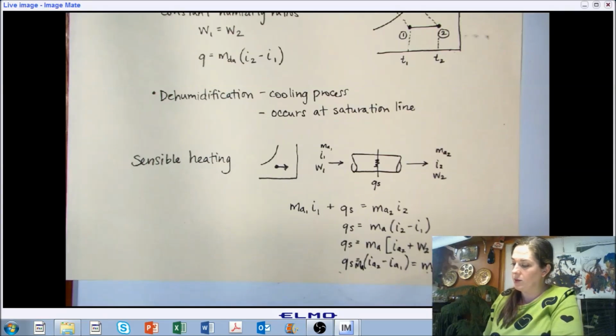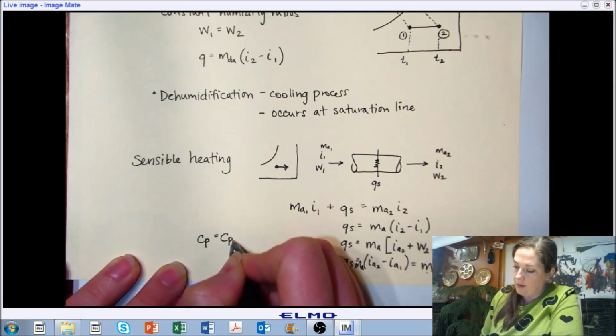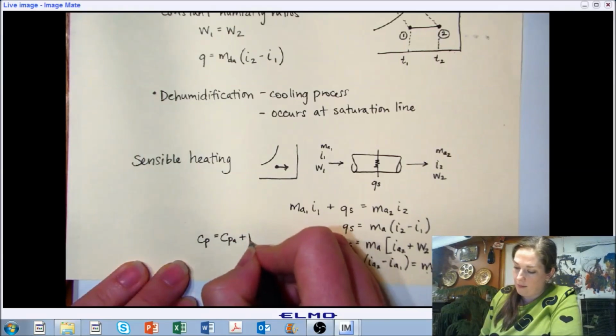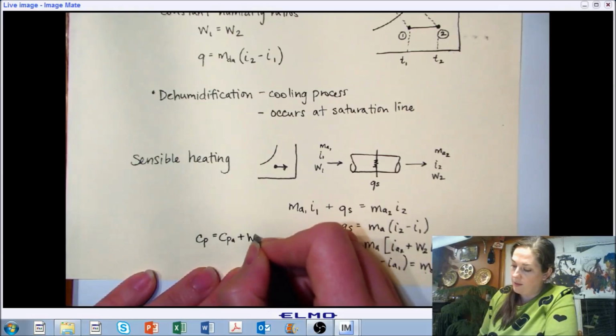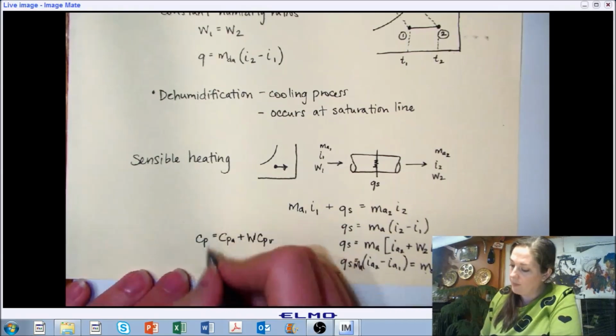And in this case, your c_p is a combination of the c_p of the air plus your humidity ratio times your c_p of your water vapor.